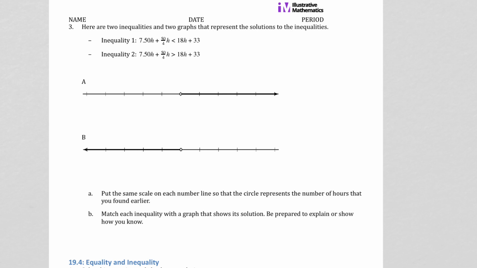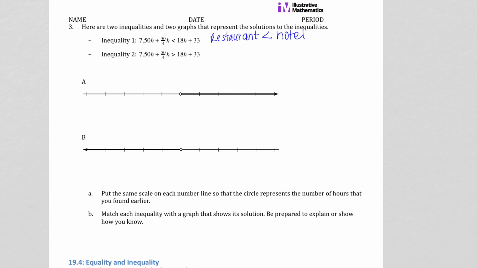So, here are two inequalities and two graphs that represent the solutions to the inequalities. So, first you have to find out what each inequality is saying. So, we're saying the restaurant pays less than the hotel for the first one.